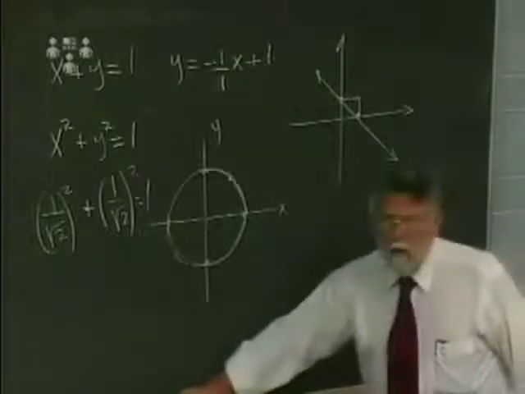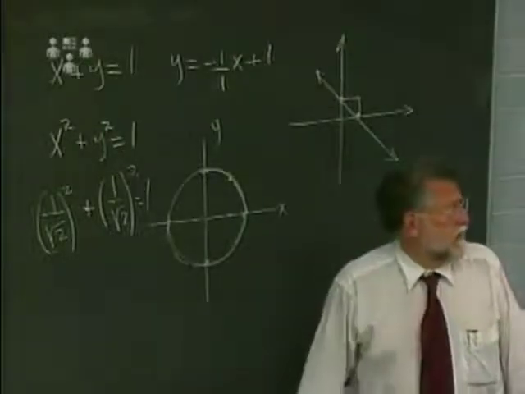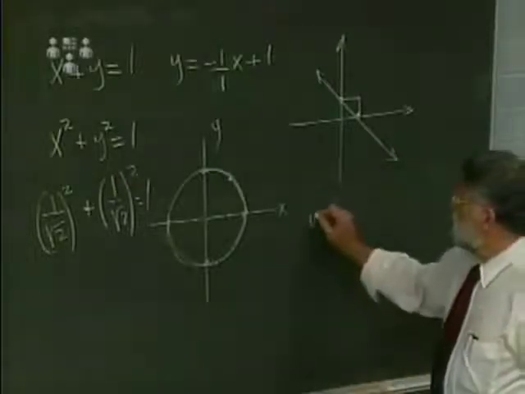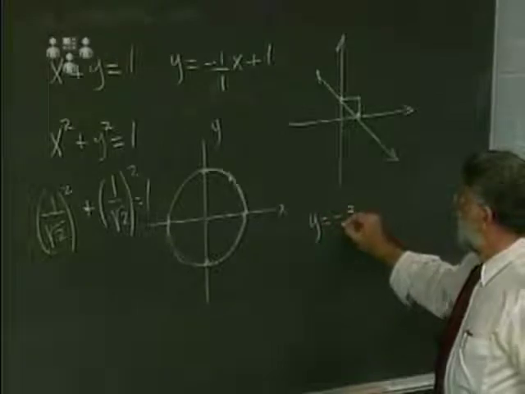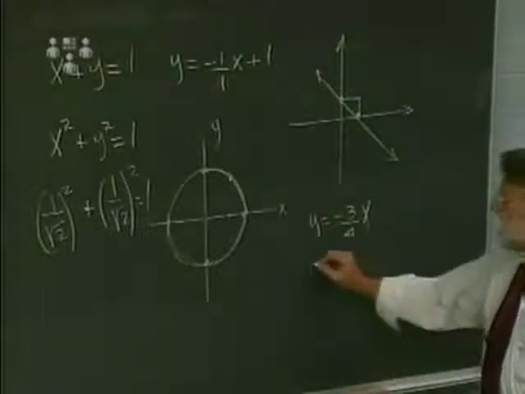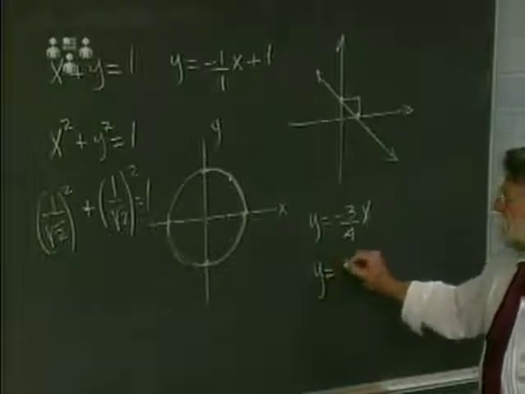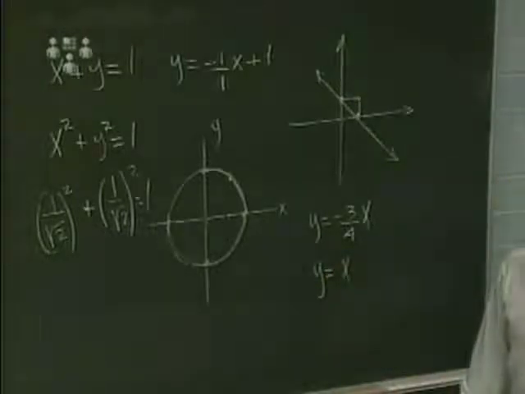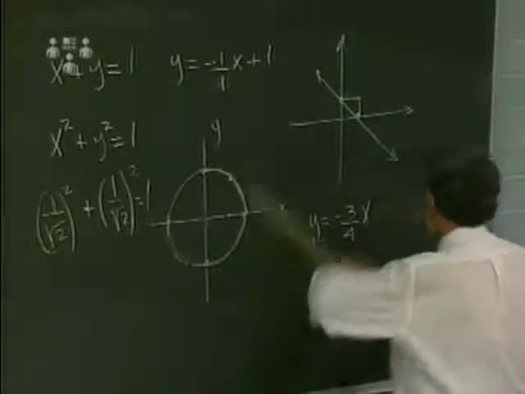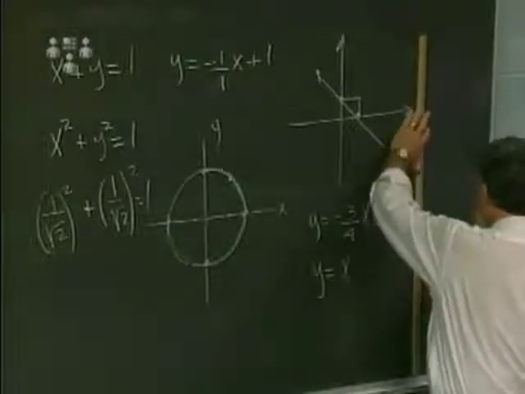We did a problem earlier, y equals, let's see what it was. Y equals negative 3/4 x, correct? And we said that was a line going through the origin. I could just do y equals x. So when I think of that problem, Ernie, you're going to have to give me some space.